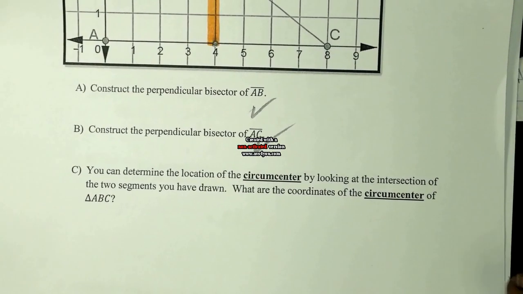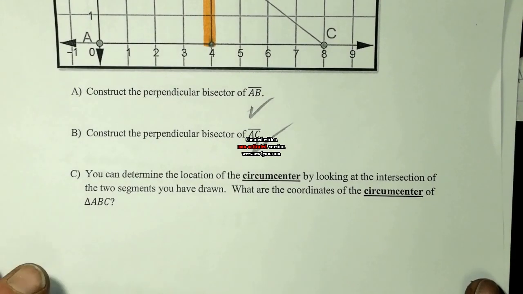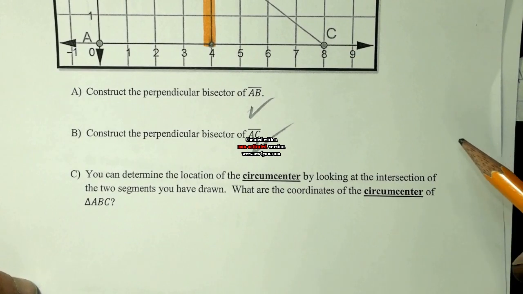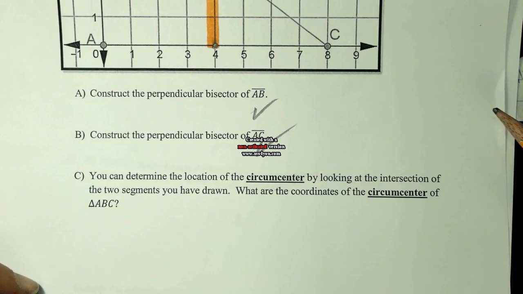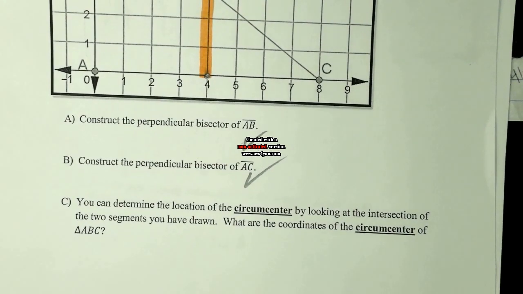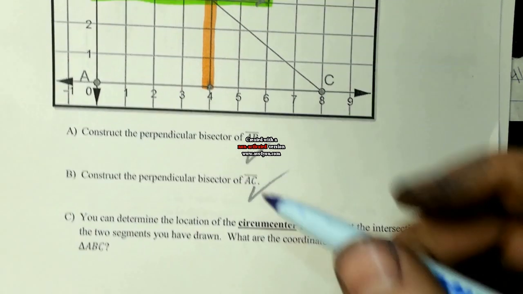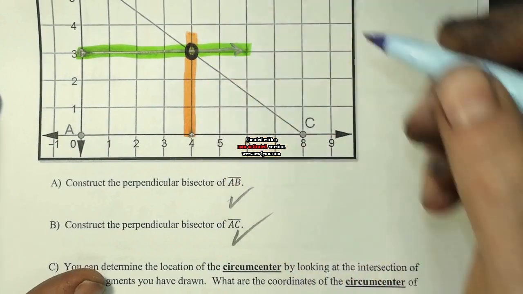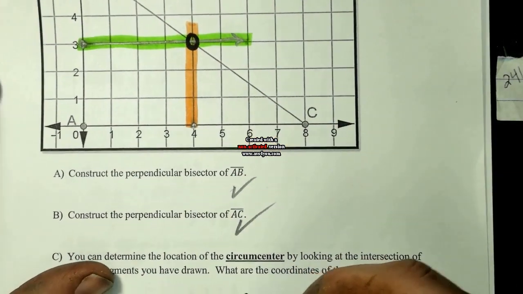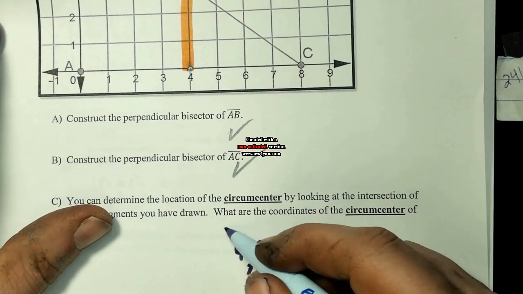You can determine the location of the circumcenter by looking at the intersection of the two segments you've drawn. Yeah, because circumcenter is perpendicular bisectors. So what are the coordinates of the circumcenter? It's where they cross. So 4, 3. 4 over, 3 up.